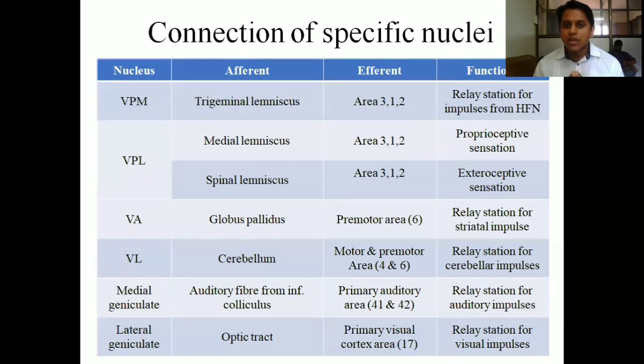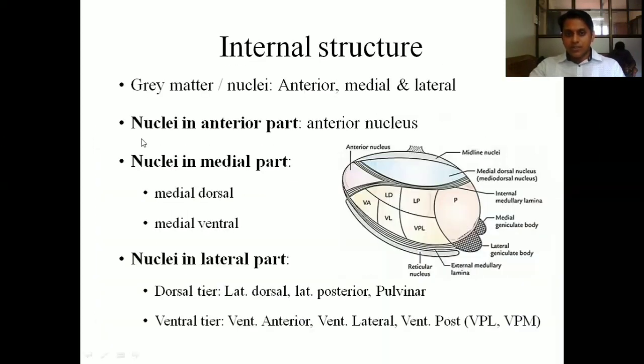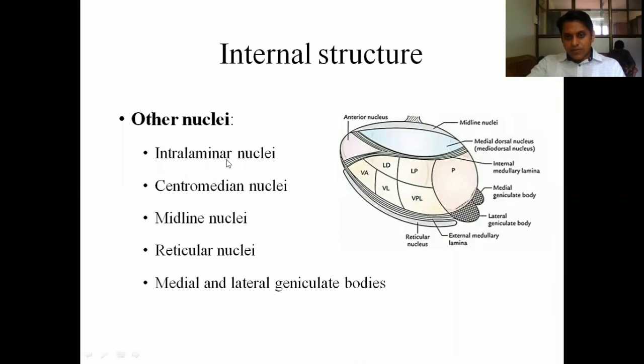The association nuclei do not relay the ascending pathway, but they have connections with the association areas of the cerebral cortex. The nuclei included in it are from the dorsal tier: the lateral dorsal, lateral posterior and the pulvinar.